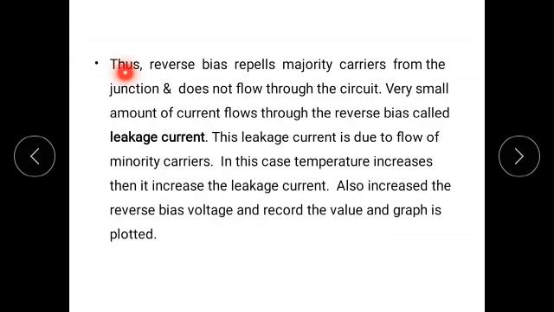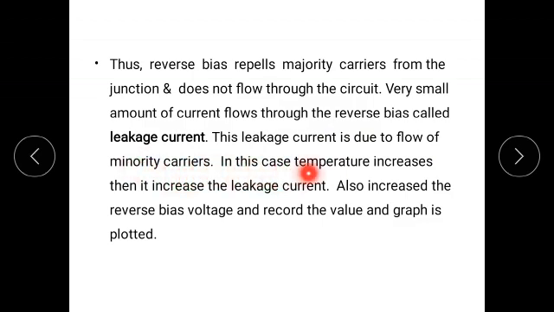Therefore in reverse bias it repels majority carriers from the junction and current does not flow through the circuit, and due to that a very small amount of current flows through the reverse bias diode, which is called leakage current, and this leakage current is due to the flow of minority carriers.